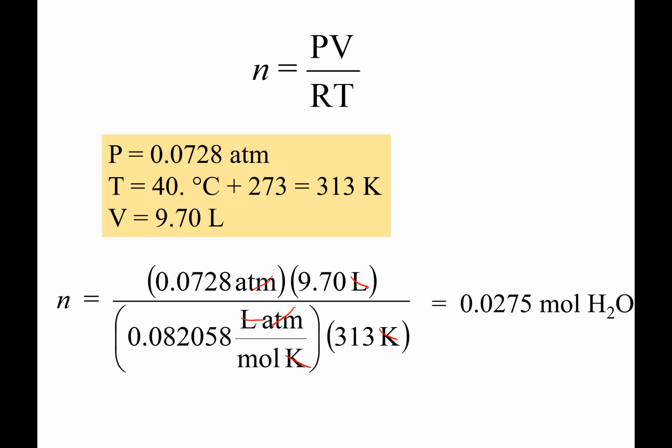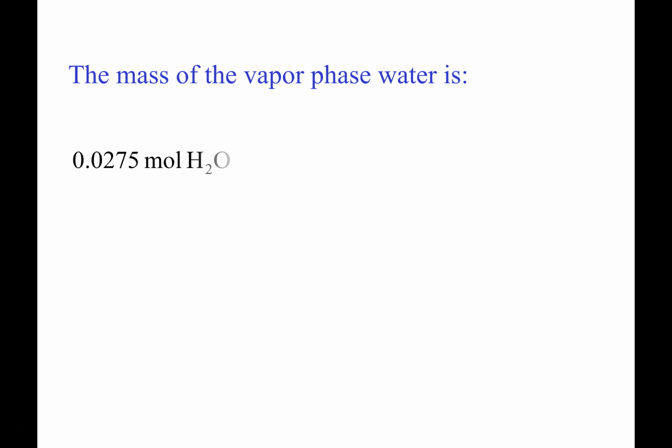Of course, we'll use the molar mass, so here we go. If we take those moles, 0.0275 moles H2O over 1, times the molar mass of water, which is 18.02 grams of H2O over 1 mole. Moles will cancel, we have grams. 3 sig figs again.